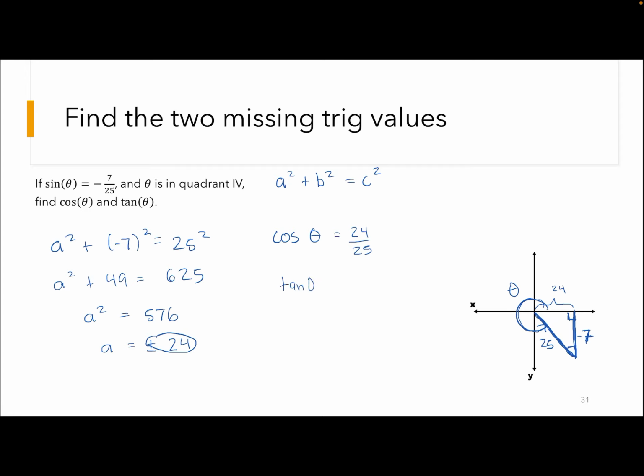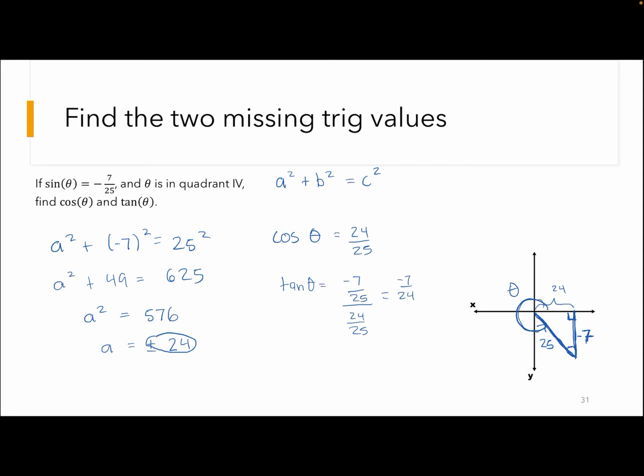And then the tangent is just going to be the sine divided by the cosine. That's negative 7 over 25 divided by 24 over 25, which of course is negative 7 over 24. If we go back to our geometry days, we know that's just opposite over adjacent. That's how we get our trig value.